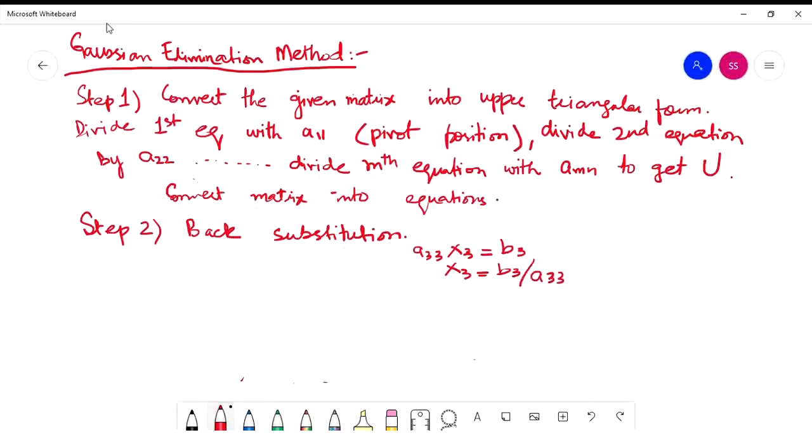Again, back substitution means you start with the last equation and work up to the next equation. So the second last equation will be A22 into x2 plus A23 into x3. Now x3 is found from equation number 1, and this is equal to b2. Replace the value here and rearrange it to get x2, right?